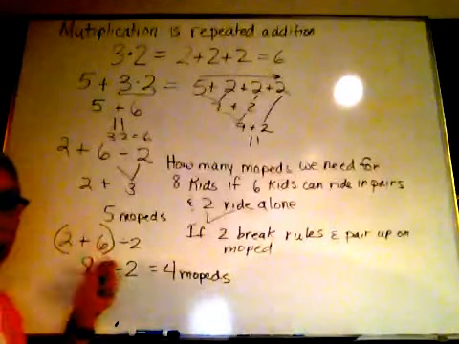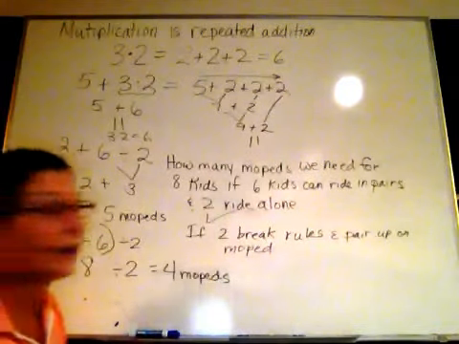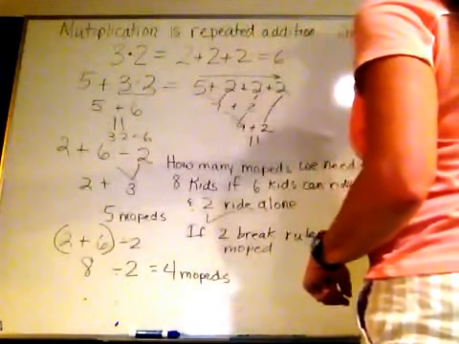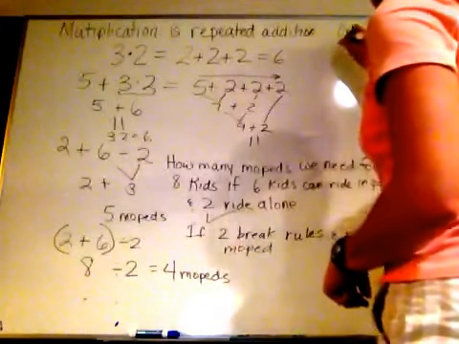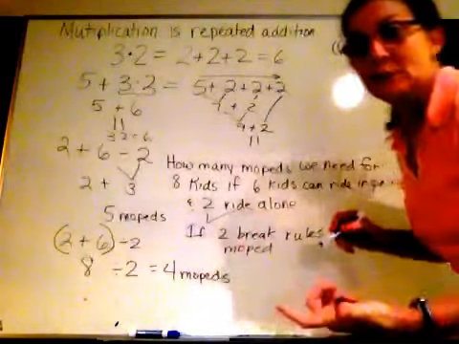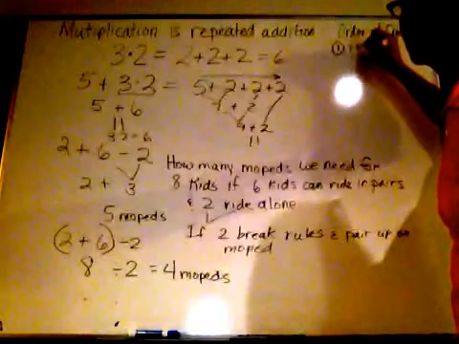So always parentheses overrule. So in our rules for order of operations, the very first thing is you have to do grouping symbols first, or you have to do parentheses first.